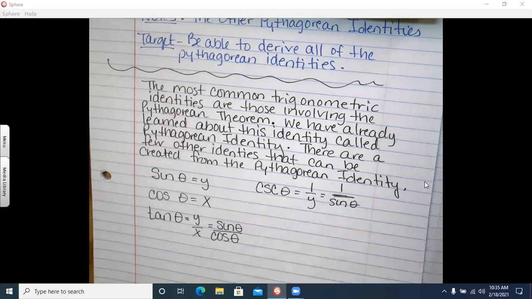The inverse of cosine we call secant of theta, which if cosine is x, secant is 1 over x, or we say 1 over cosine of theta. Cotangent of theta is the inverse of tangent, so that's either x divided by y, or we say cosine of theta divided by sine of theta. And these are things we've already learned, right? A while back, nothing new. Just wanted to remind you.